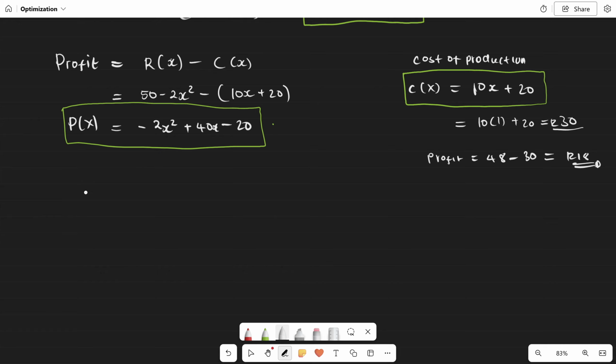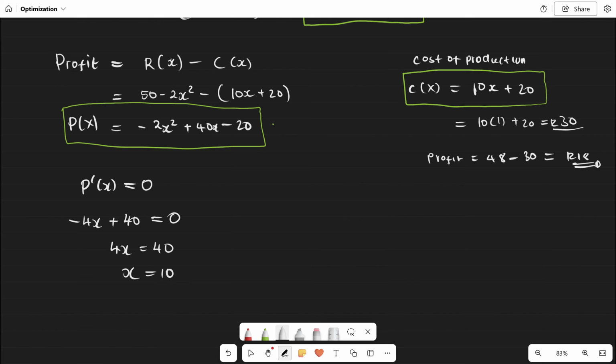We know that to find the minimum or the maximum, we take the derivative of the function that we want to maximize or minimize, and we let the first derivative equal to 0. So the first derivative of this function is negative 4x plus 40, which is equal to 0. If we solve for x, 4x is equal to 40, so our x is equal to 10.